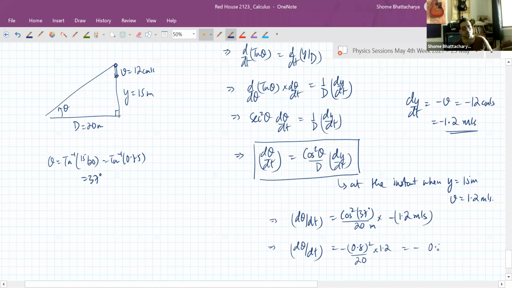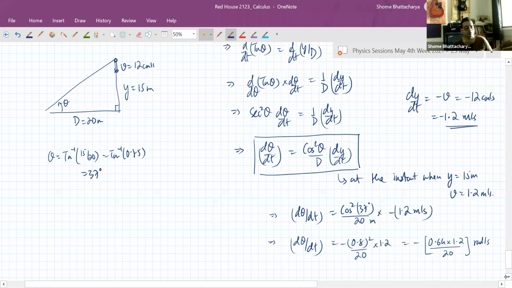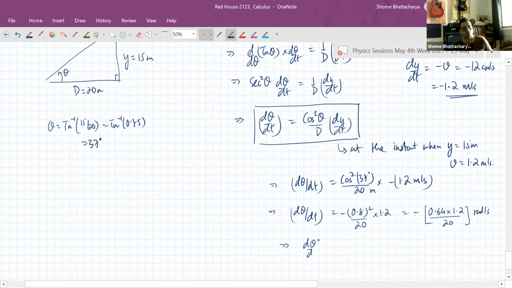So the minus sign significance of that we already know. So you can see the angle is changing at comparatively a very slow rate.